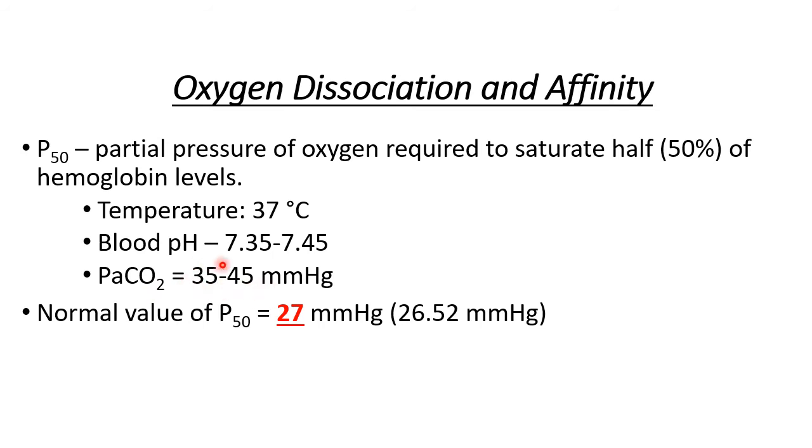So, para hindi natin makalimutan to, tanggalin nyo lang yung 7 ng blood pH, yun na yung carbon dioxide. Okay? So, bakit kailangan nitong ma-maintain? Para ma-maintain natin yung 50-50 ratio of your oxyhemoglobin and deoxyhemoglobin. The normal partial pressure of your oxygen is at 27 mm mercury, or kung gusto natin na mas specific, 26.52 mm mercury.